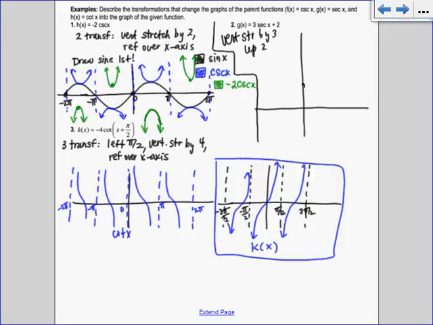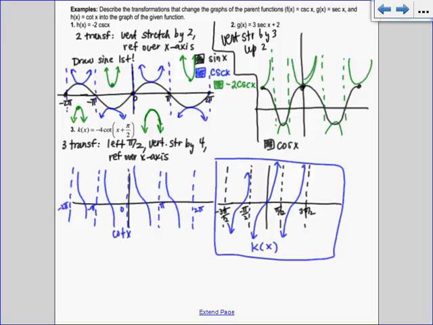So cosine starts at 1, and it goes down and it goes up. All right, so this is cosine. So secant, we're going to take wherever it was crossing the x-axis. I should really label, but that's okay. And we go the opposite direction. Okay, that's secant.